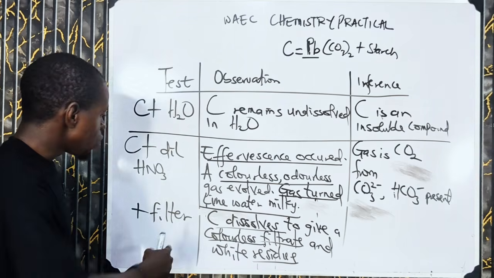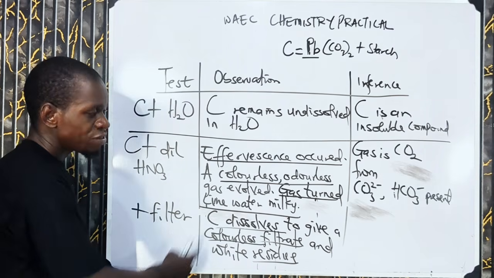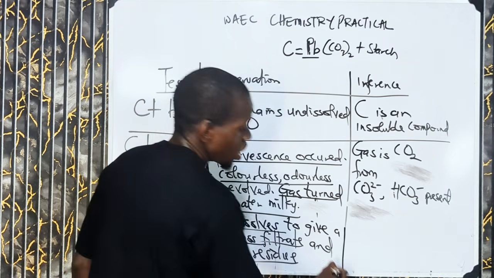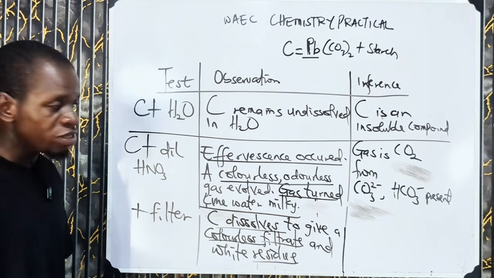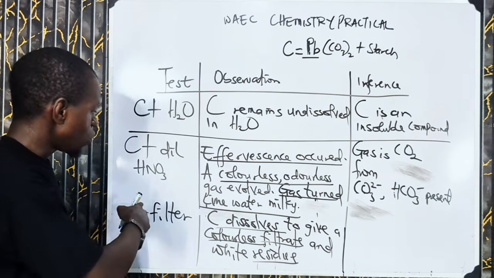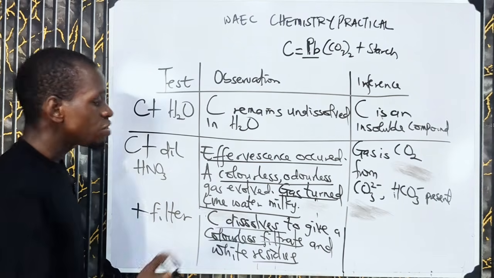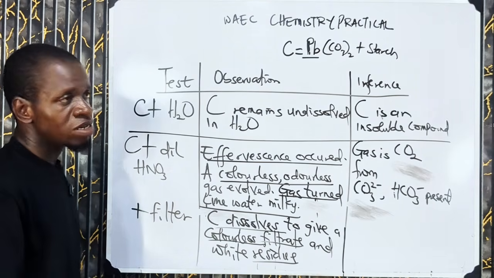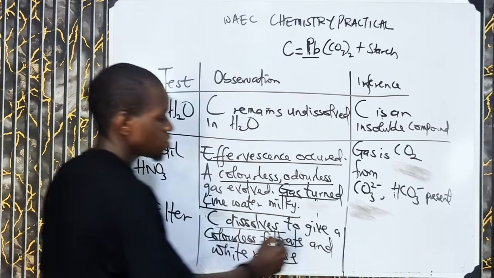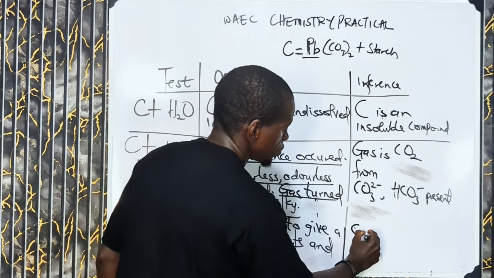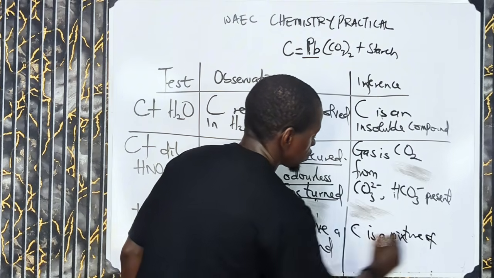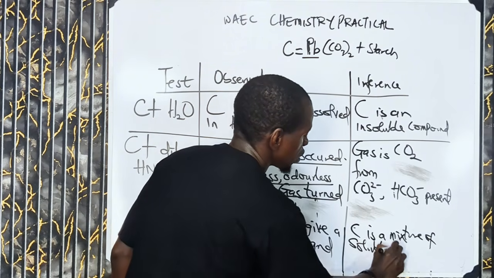So you now see that when we use dilute HNO3, our C dissolved. You can write your inference: when we made use of water, it remained undissolved, but when we made use of HNO3, C dissolved. So we say C is a mixture of soluble and insoluble compounds or salts.